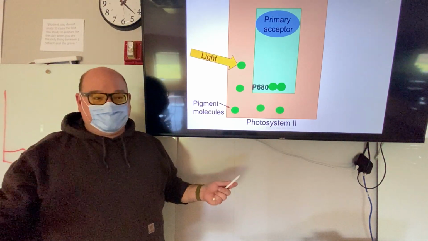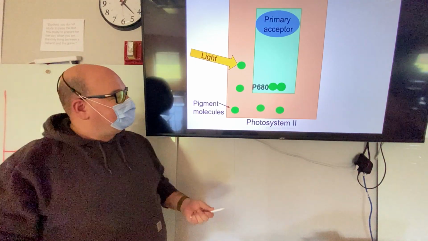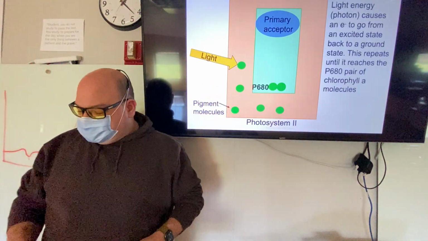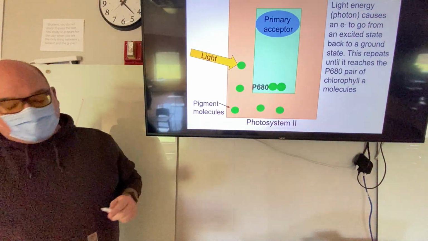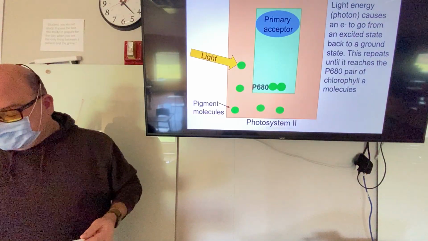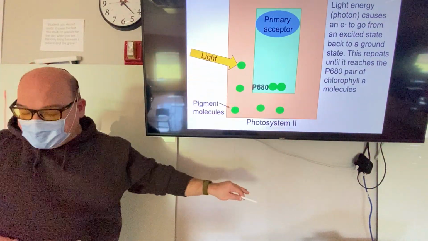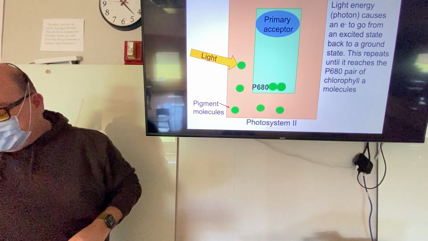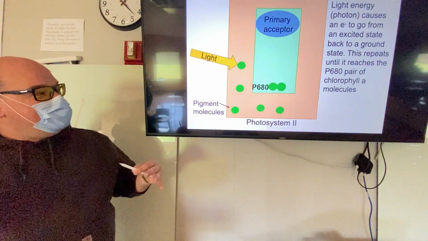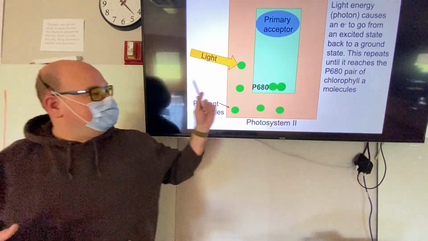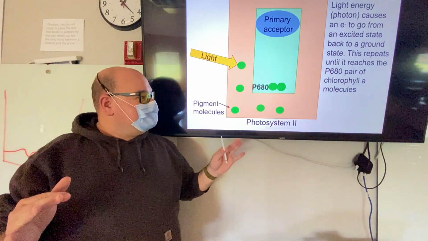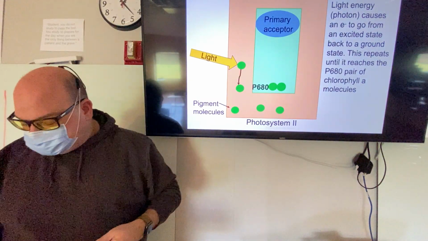First things first, it's a photosystem. That means light. Okay? Light hits the pigments. So what's happening here is that a photon causes an electron to go into an excited state, and then it drops back down to ground state, and it keeps doing that until a pair of these 680 chlorophyll A molecules carry that energy.